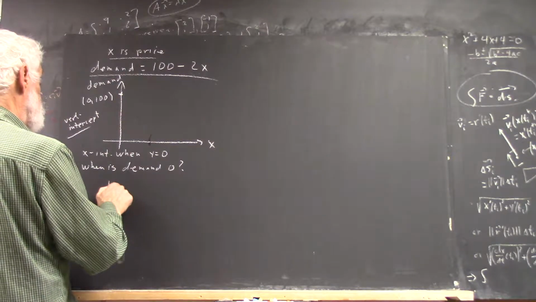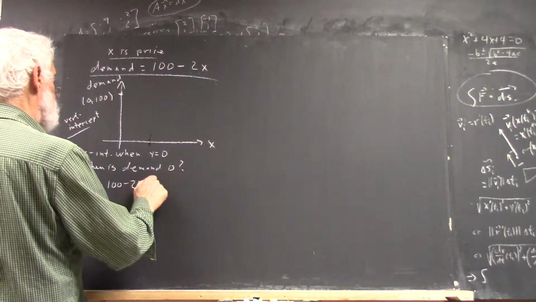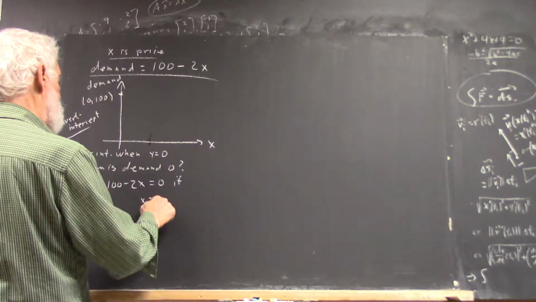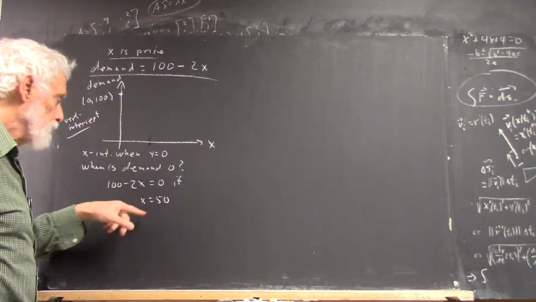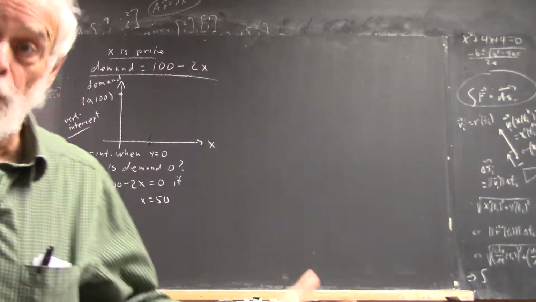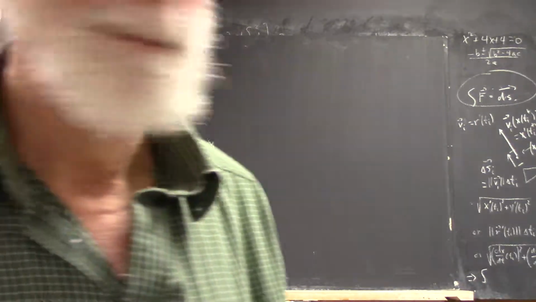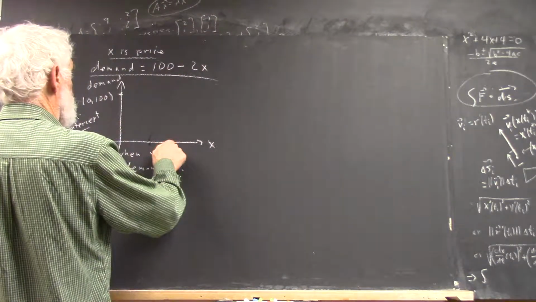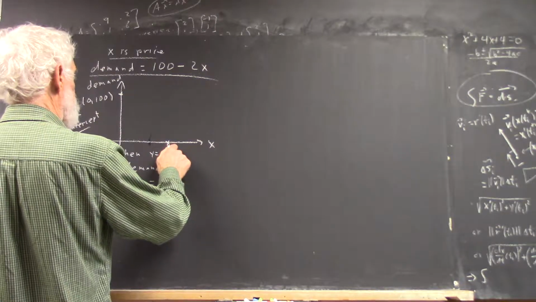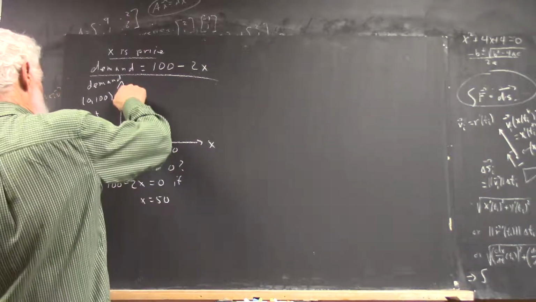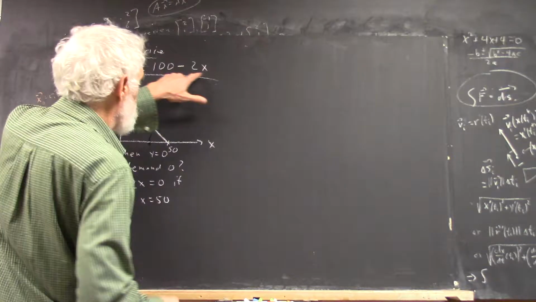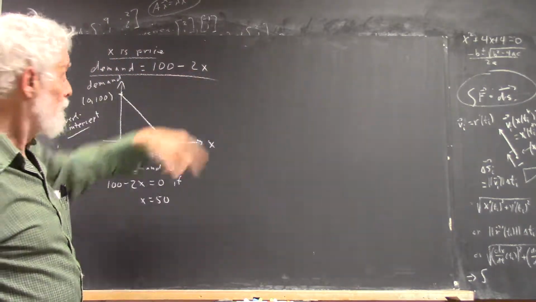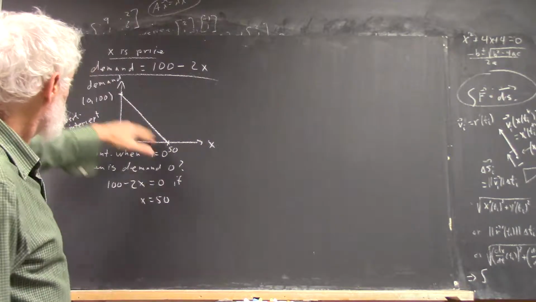Well, 100 minus 2x is 0 if x equals 50. You can solve that equation easily. Okay? So we come out here and we put 50 right here, and then this is a straight line because you have a constant slope. Okay, so there's a graph of our demand.